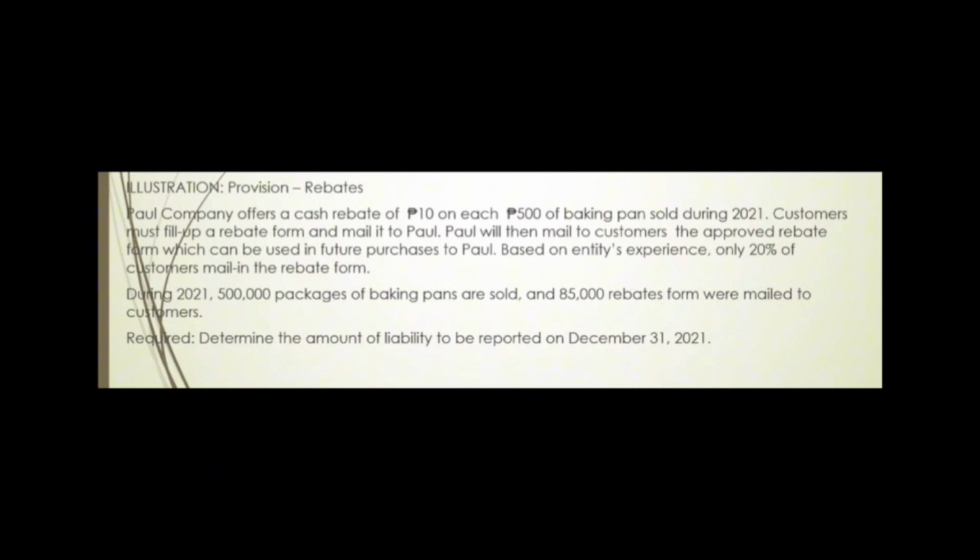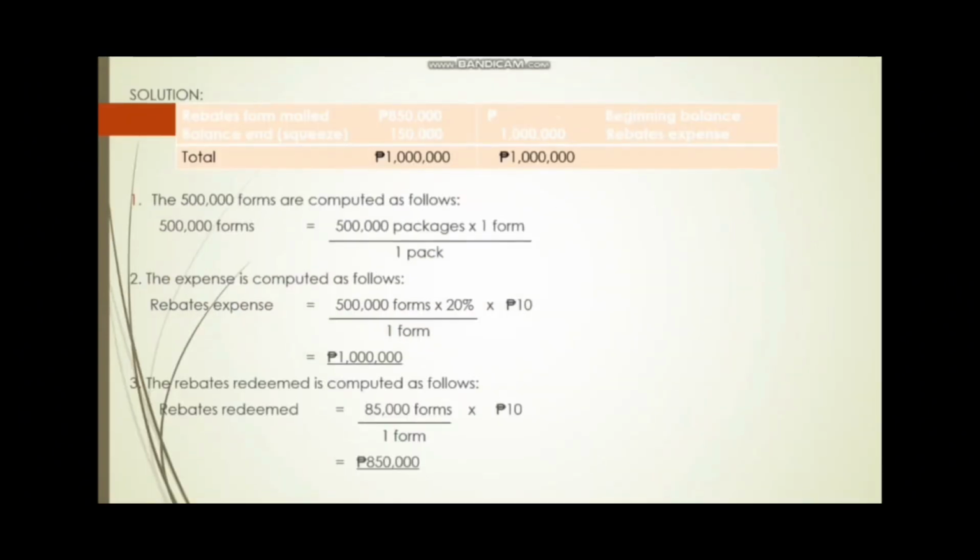Based on the entity's experience, only 20% of customers mail in the rebate form. During 2021, 500,000 packages of baking pans are sold and 85,000 rebate forms were mailed to customers. The requirement is to determine the amount of liability to be reported on December 31, 2021.